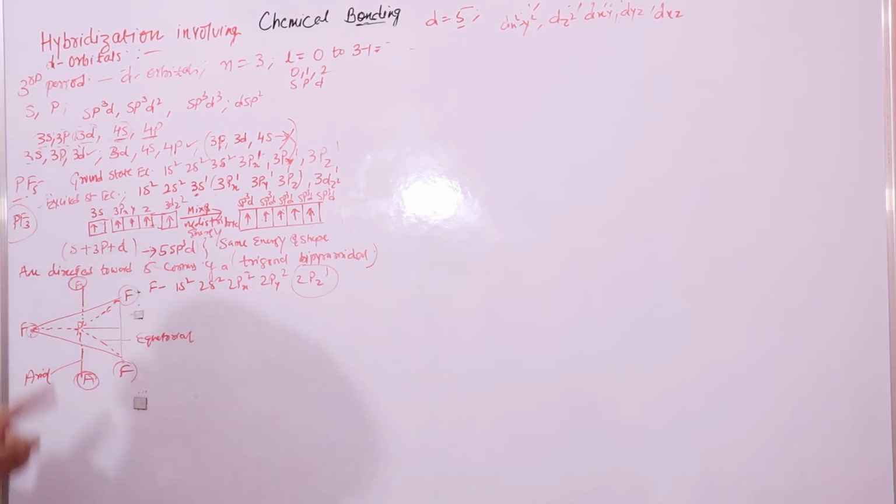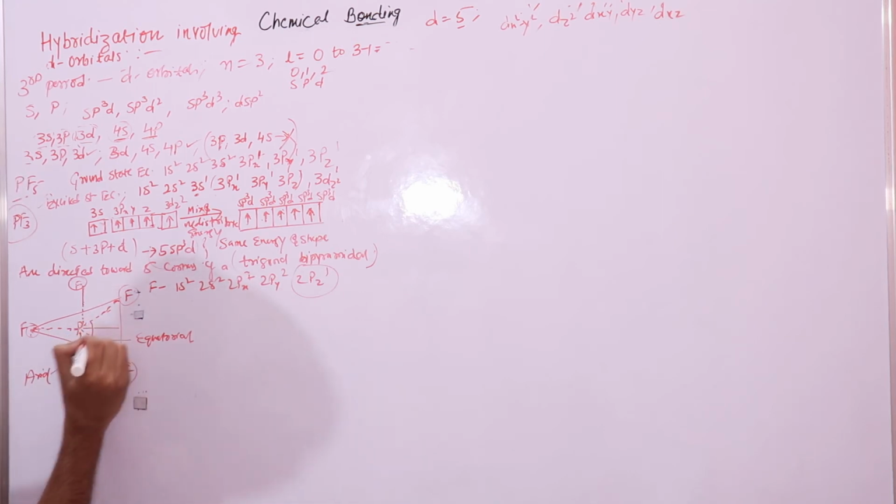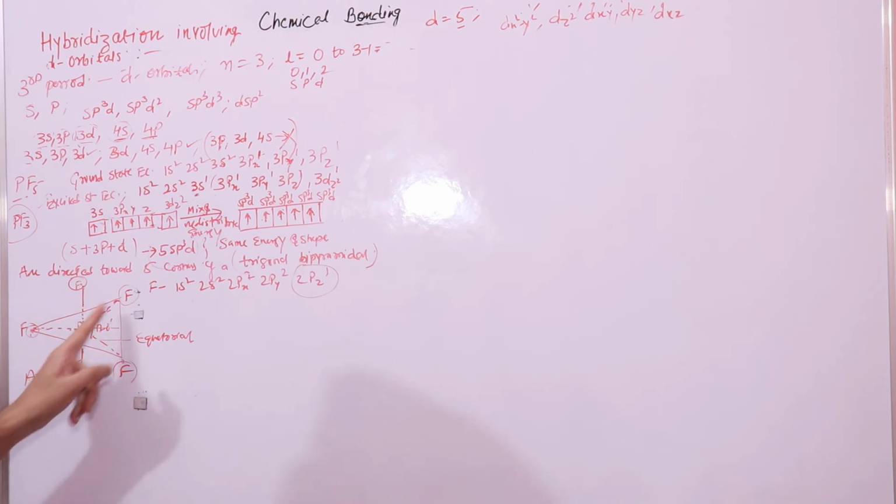Another important thing is that the angle between equatorial bonds and the angle between equatorial and axial bonds are different. Here this is your 120-degree angle, and the angle between equatorial and axial bonds is 90 degrees.